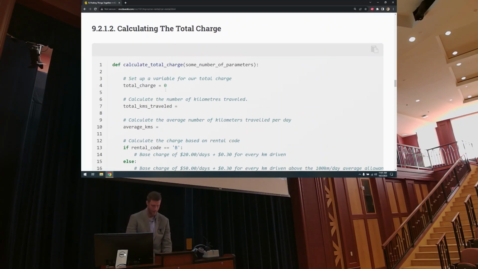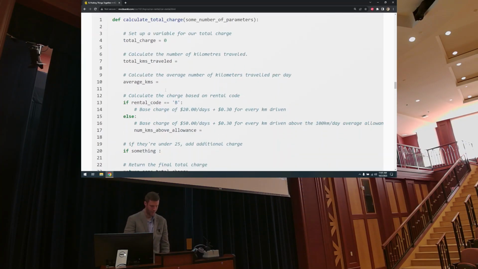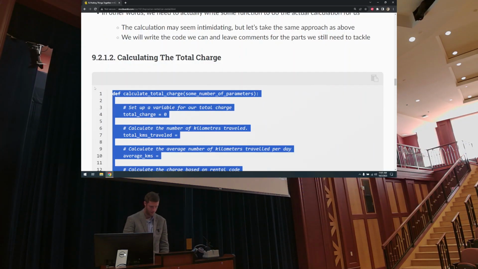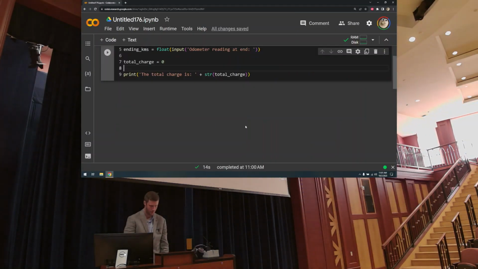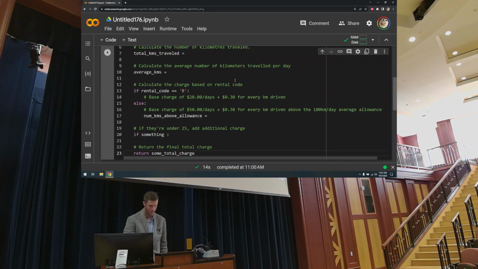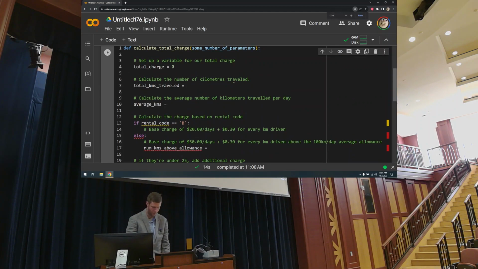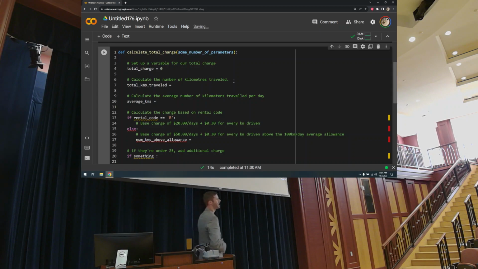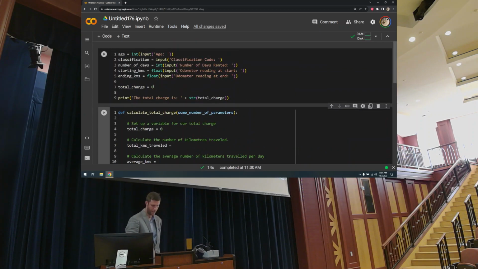So let's start with some base. I want to start with this. I'm going to zoom out a titch. I'm going to create some function that I'm going to call on that line up here.